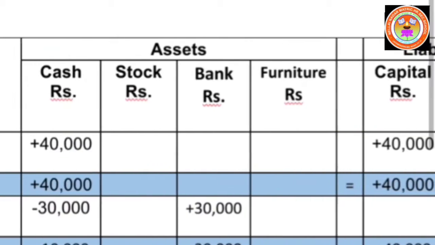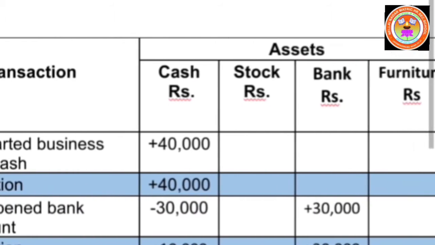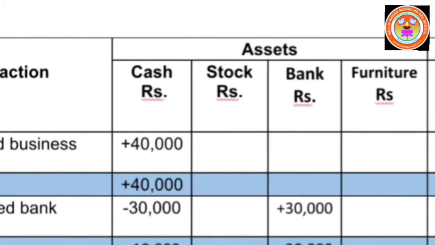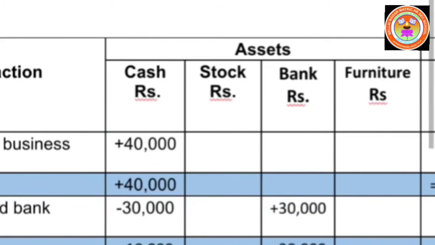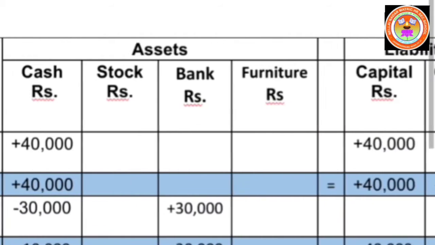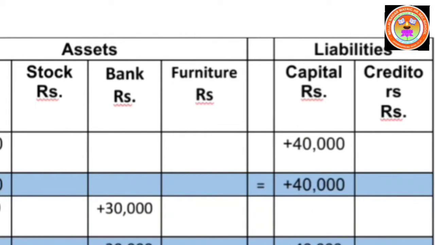Look at this: transactions, assets, liabilities. Under assets, the names of the 4 sub columns are cash, stock, bank, furniture. Then under liabilities, capital and creditors.